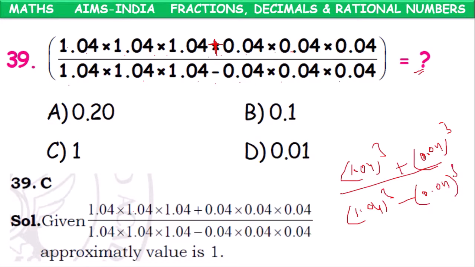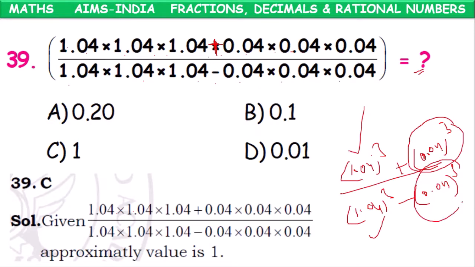Actually we have the same cube in both places. So here it is plus 0.04 cube and minus 0.04 cube, because it is in decimals.